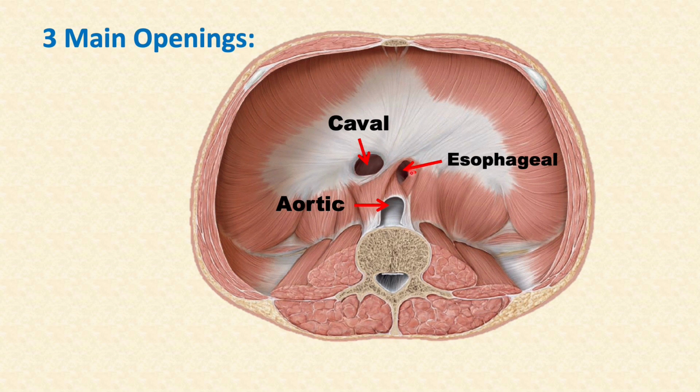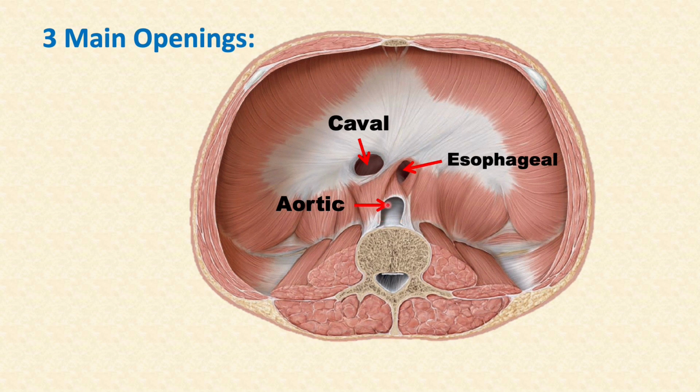And we have the esophageal opening which is present in the muscular part of the diaphragm, as you can see in this image very well, with the brown color representing the muscular part of the diaphragm. And thirdly we have the aortic opening, which is not a true opening as it is not piercing the diaphragm as such, but it is lying between the two crura of the diaphragm.